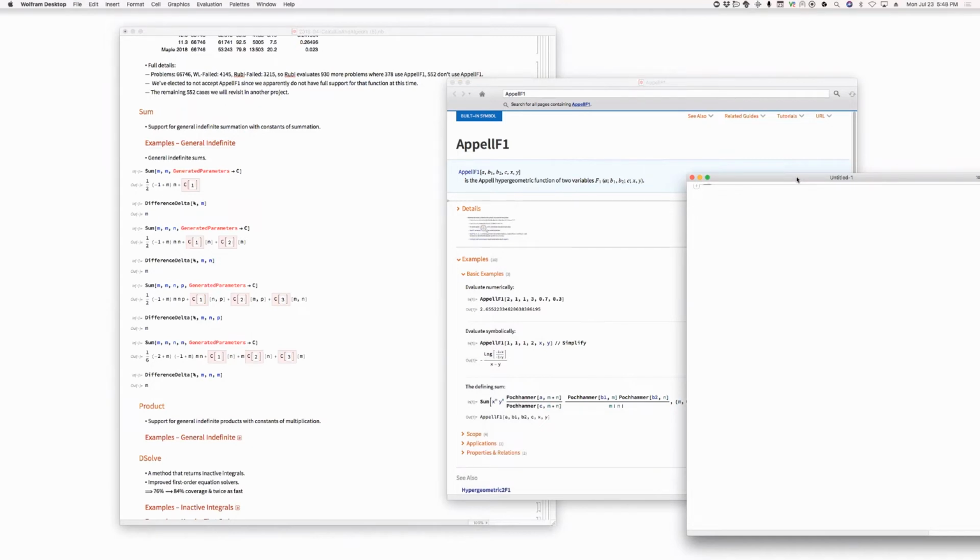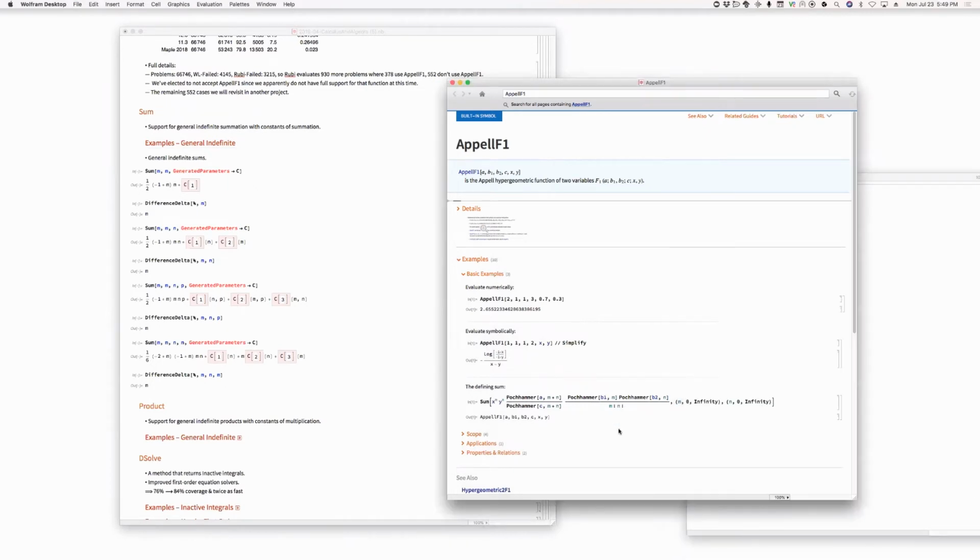But is there a defining series for this creature? Yes, it's right there in front of you. On the AppellF1 page, the sum with Pochhammers in it. If you just open the details, probably it has it. Okay, fine. But I doubt that series is fully defining it. Does it globally define it? Yes, it will define it, but the point is that you have Pochhammers over the denominator, so there'll be lots of exceptional cases.